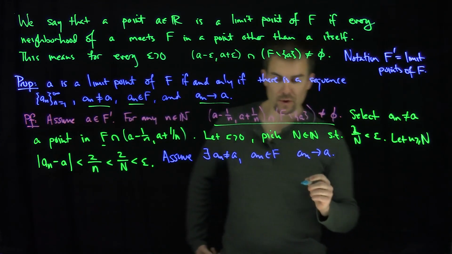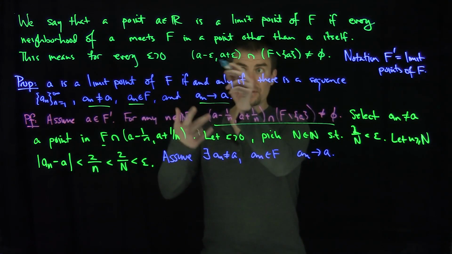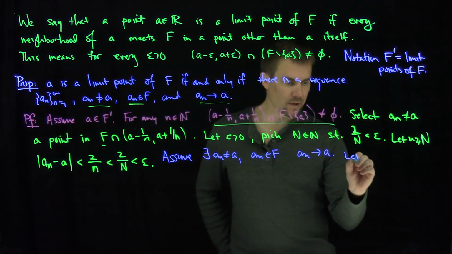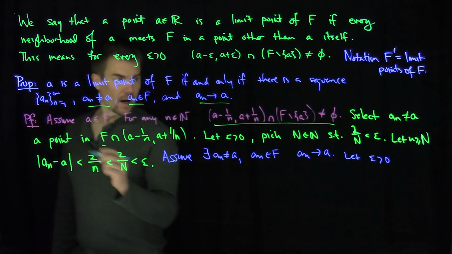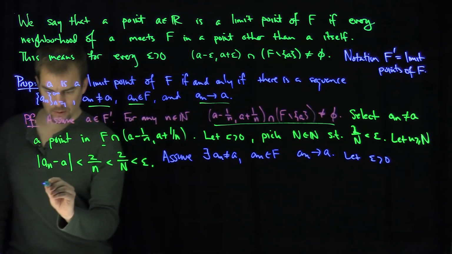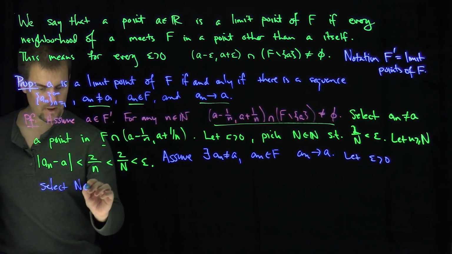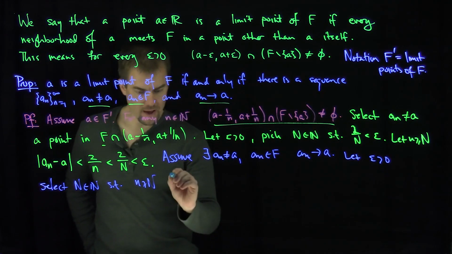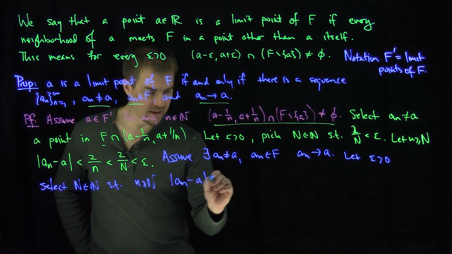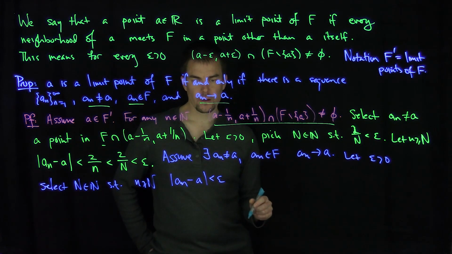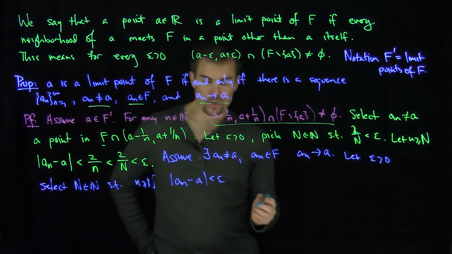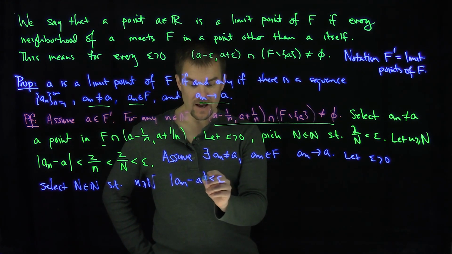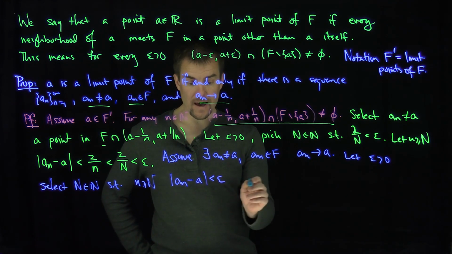We want to show that any interval of length epsilon is going to meet F. Since a_n converges to A, let epsilon be greater than 0, and select N capital in N such that if n is bigger than or equal to N capital, we have that the absolute value of a_n minus A is less than epsilon. What does this say about these points a_n? They are in F, and they're in an interval centered at A of radius epsilon.